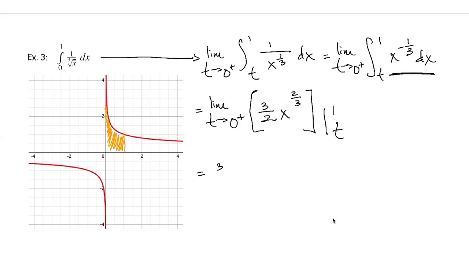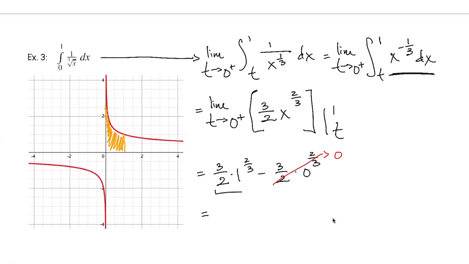So I get 3/2 times 1 to the 2/3 minus 3/2 times 0 to the 2/3, or 0 from the right, so a really, really small number. And so 3/2 of essentially 0 is going to go to 0.